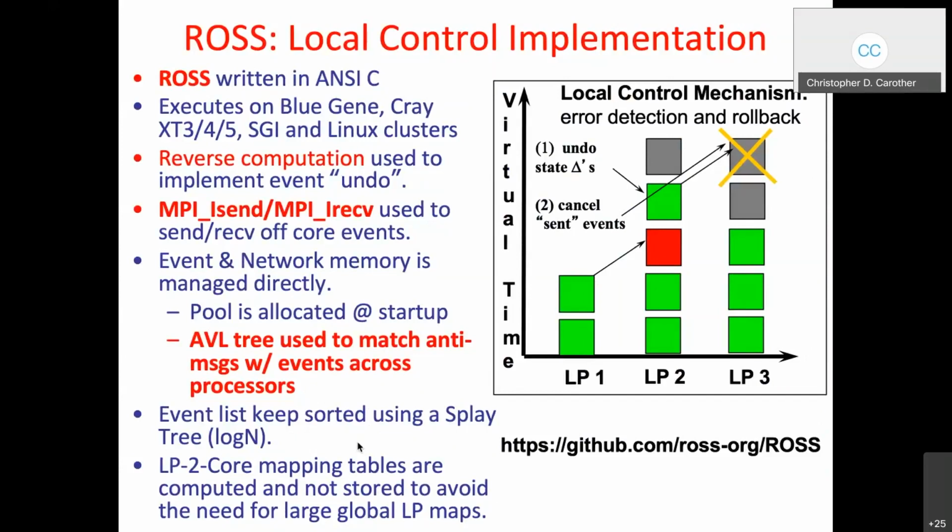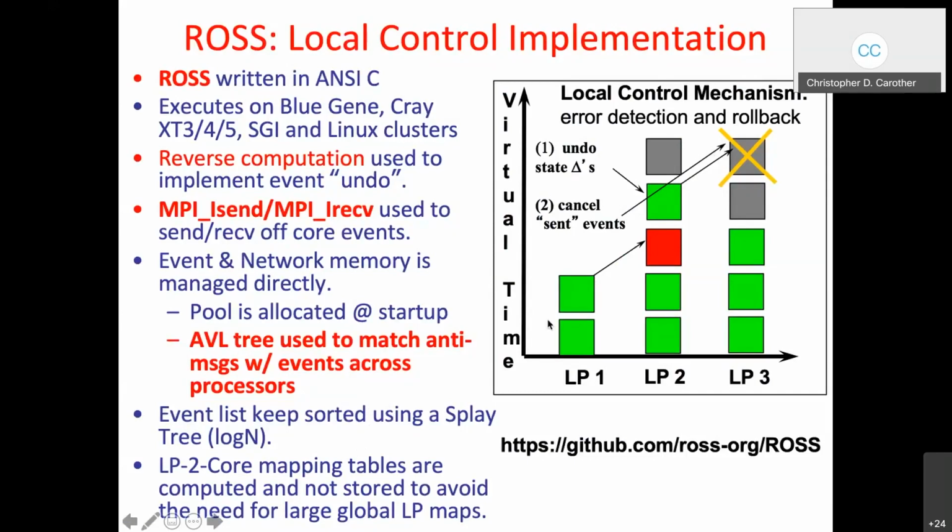The other thing, and this was an interesting addition, is that we've got these anti-messages that we talked about very early on. It turns out that we had to store positive messages sent across processors in what's called an AVL tree, a data structure, so that we could quickly look up an anti-message for its positive message and do that match and actually do the event cancellation, as opposed to sorting through all the events in the system.